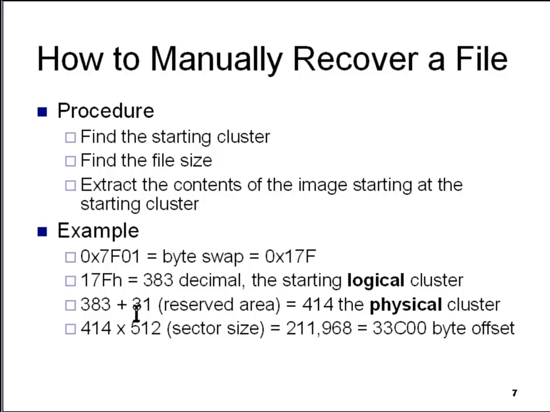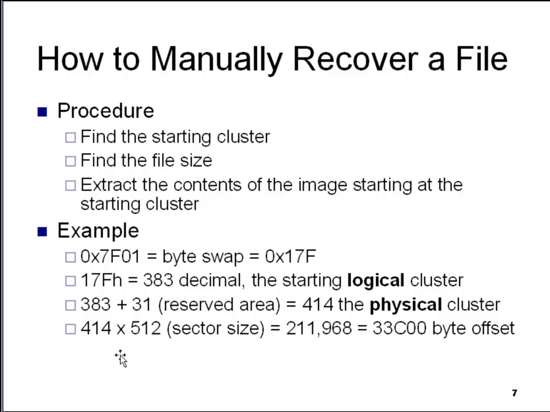Okay, recall that if we added up the size for the boot sector, the FATs, and the root directory, it came up to 31. That's the reserved area. And so if we take the 383 plus the 31 equals 414, which is the physical cluster.